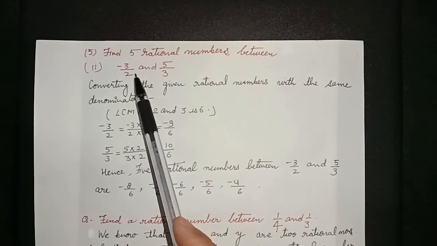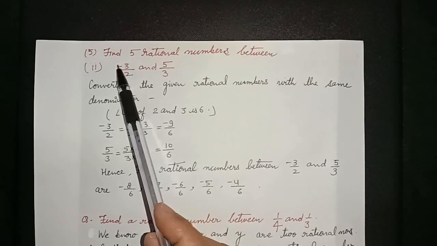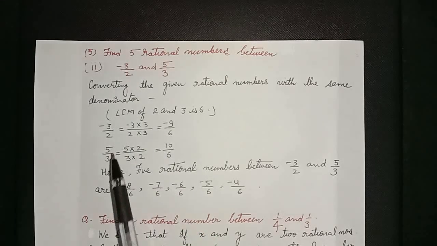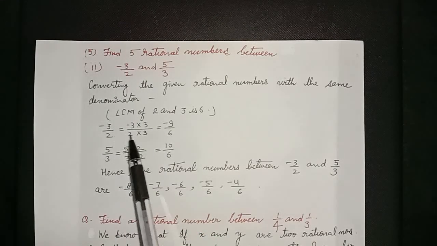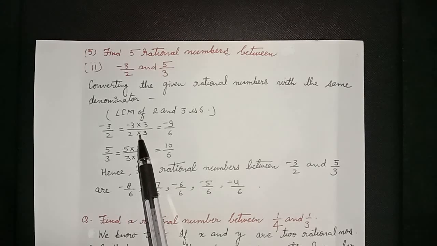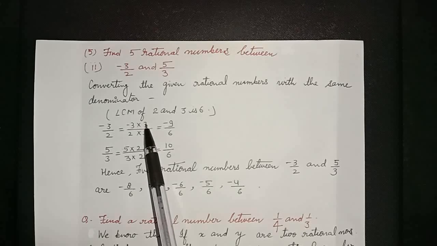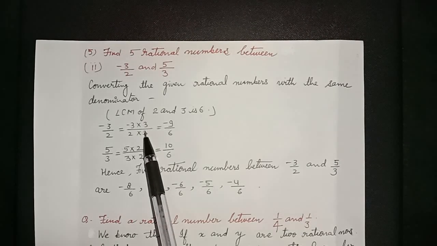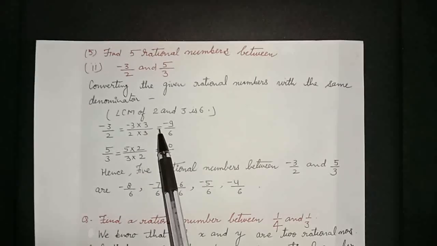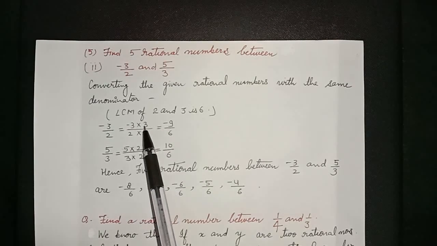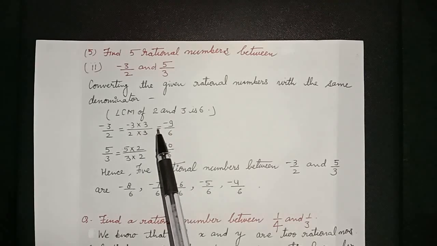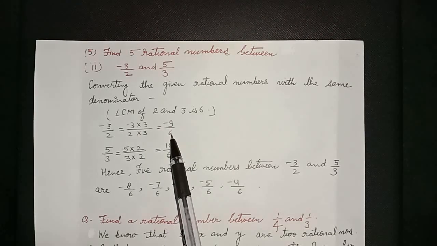To make denominator 6 of the rational number -3 by 2, we will multiply this 2 with 3 and we will multiply numerator also with 3, and after the multiplication we get minus 3 into 3 minus 9, 2 into 3 6 is equals to minus 9 upon 6.